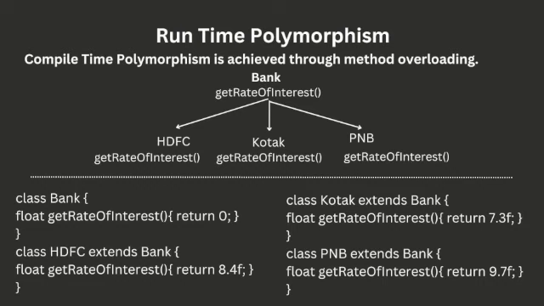Let's say in the example we have a class Bank, where I have a basic function get rate of interest, where I'm returning the base 0. Then I have a class HDFC which extends the Bank class, and here I'm returning my rate of interest as 8.4.